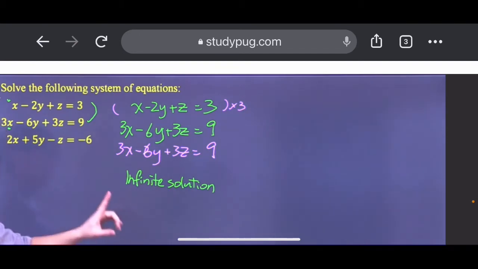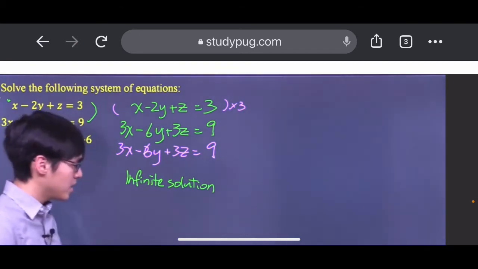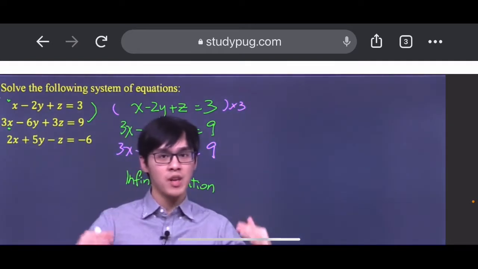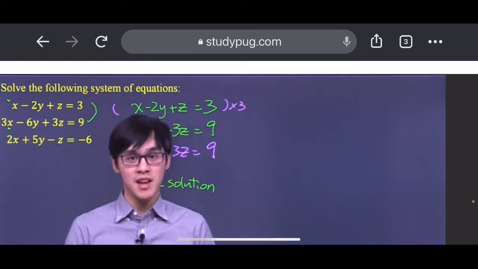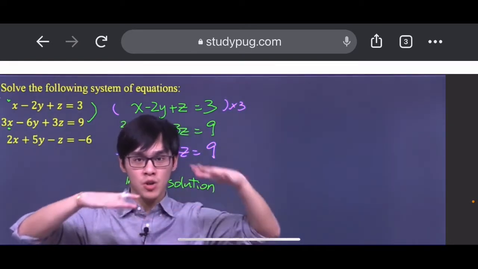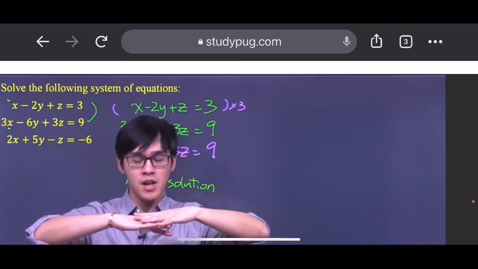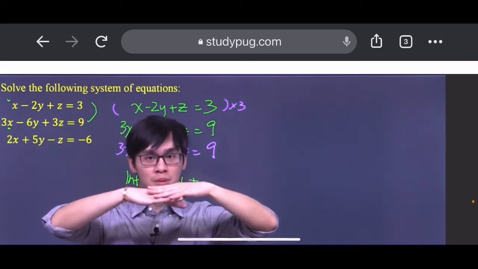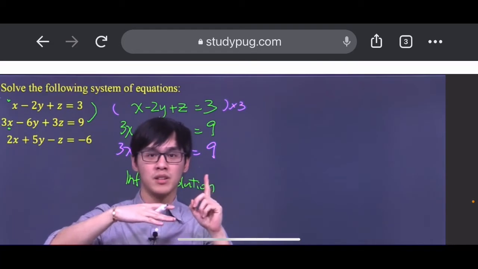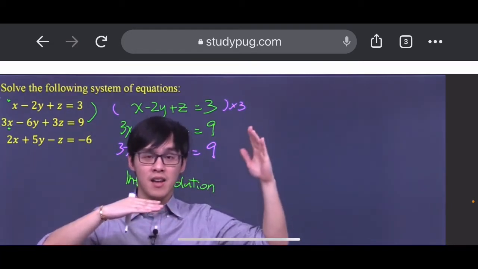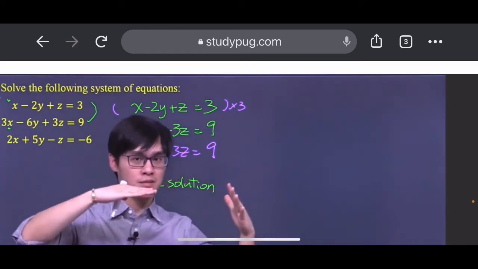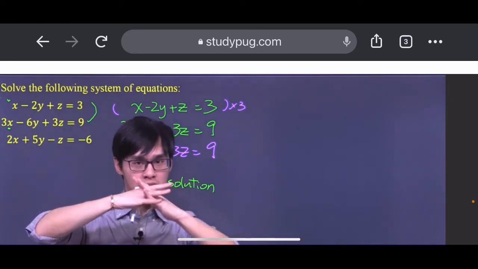Okay, so here's the problem. Just as we said, if we have 2 equations that are the same, that means we have 2 planes overlapping, right? Now, these 2 overlapping planes, we can consider as 1. Now we have another plane that is different from this plane, so they will cross.